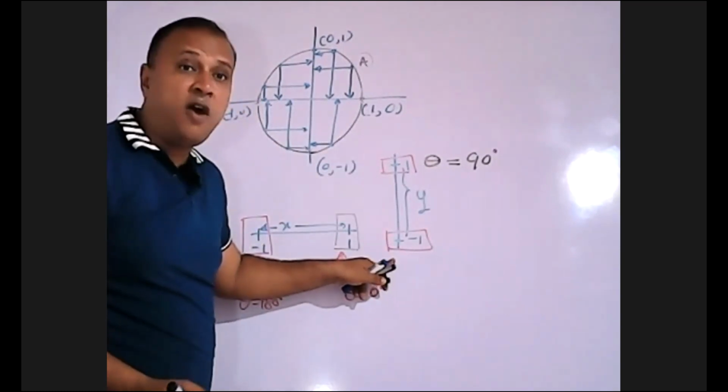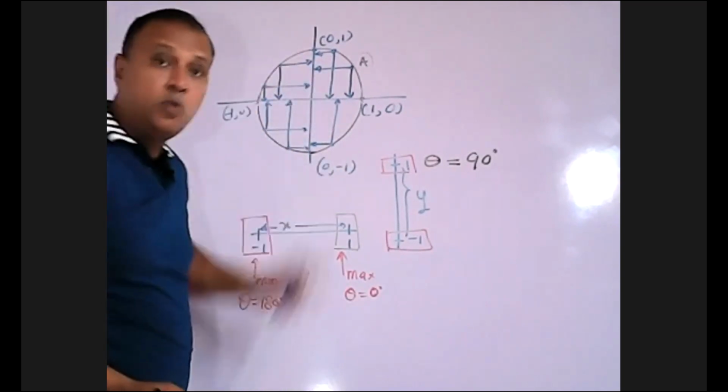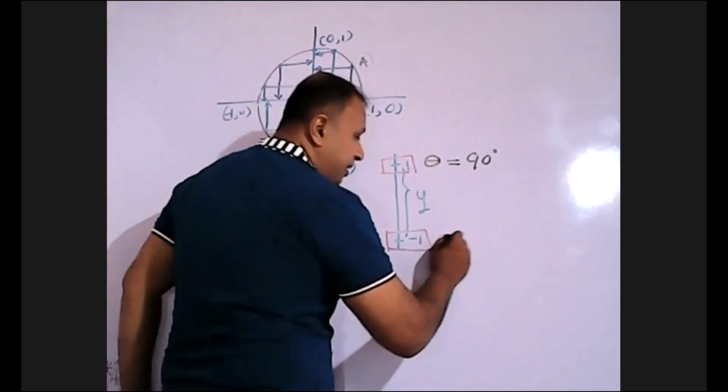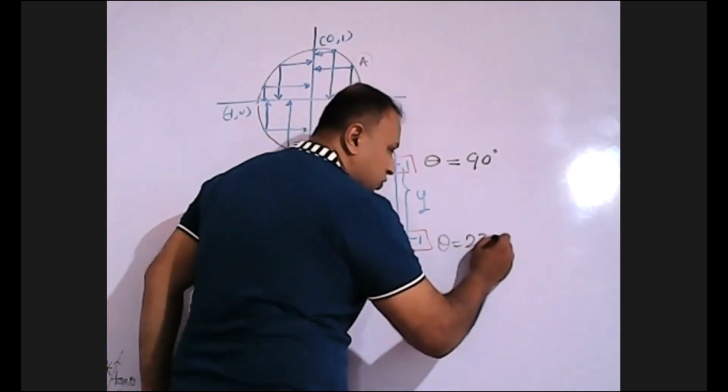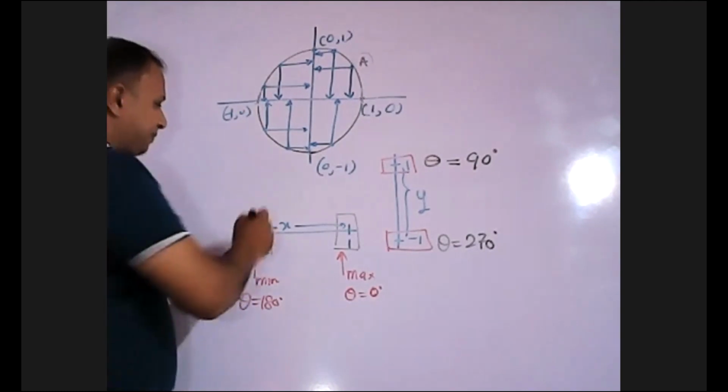The minimum value of sine is -1. It comes when theta is equal to 270.